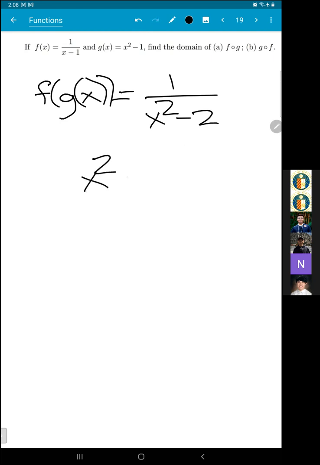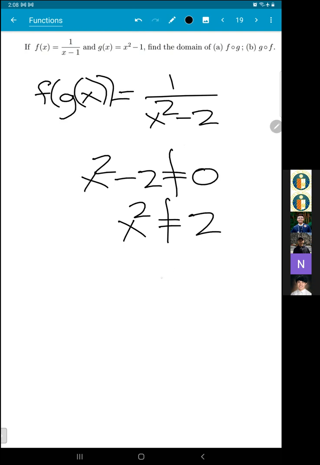That means the domain would be the set of all real values satisfying this one: x squared minus 2 is non-zero. All you have to do is solve that as though it were an equation. x squared not equal to 2 would be true if x is neither plus nor minus square root of 2.